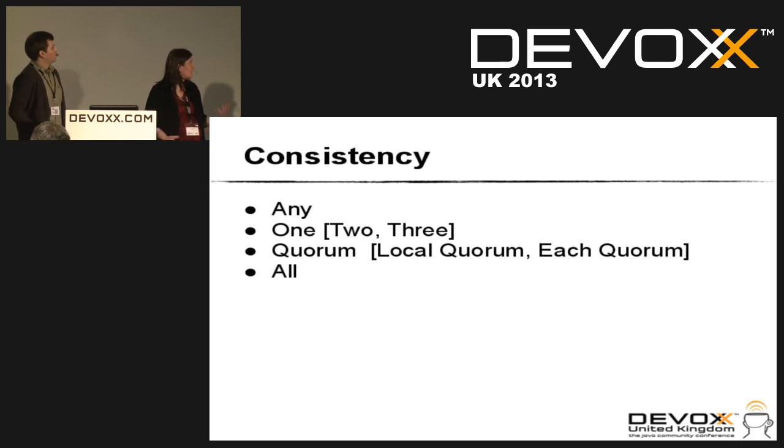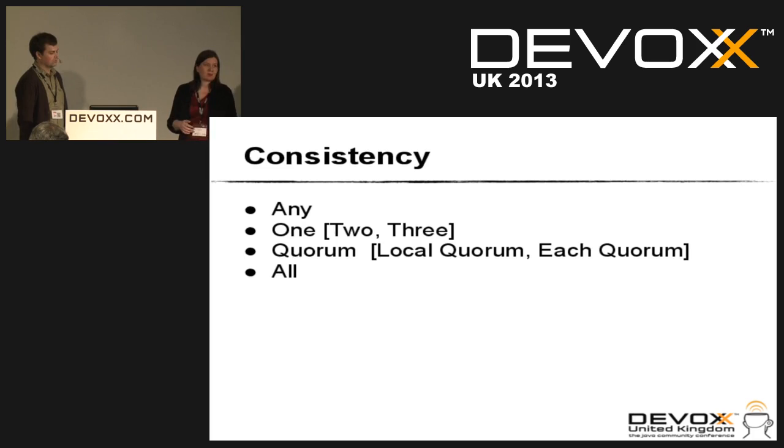So there are a couple of main consistency levels for Cassandra. Any means that Cassandra will return to the client once it's heard from any node. 1, 2, 3, etc. is once it's heard from that many nodes, it will return to the client. Quorum is a very interesting one because what quorum means is more than half. So approximately half plus 1. So if your replication factor was 3, quorum would be 2.